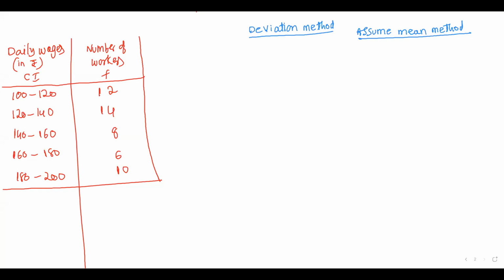Now let us find mean through deviation method. Deviation method is also called assumed mean method. So first of all, find the mid values. Mid values are denoted by xi.